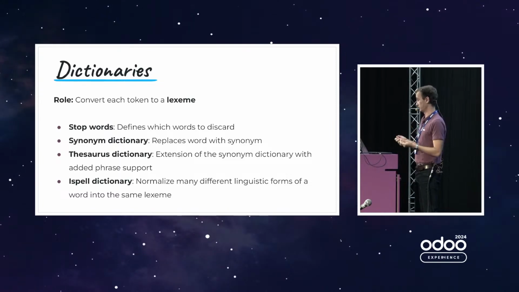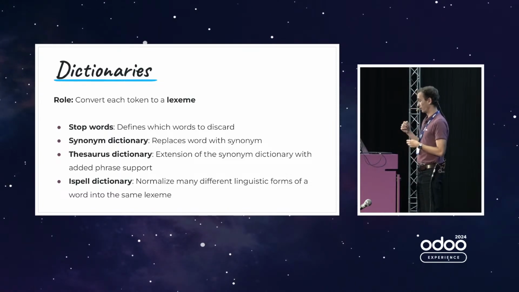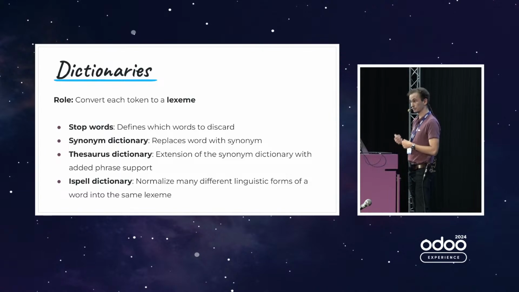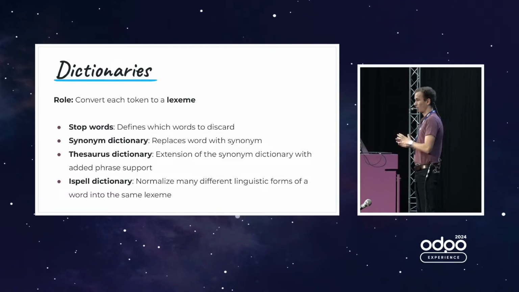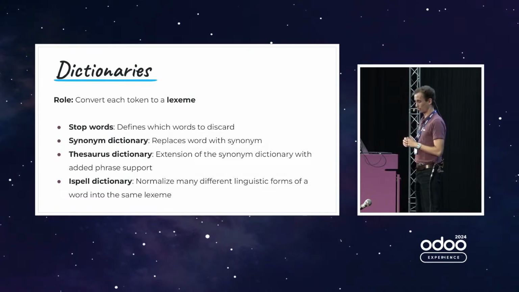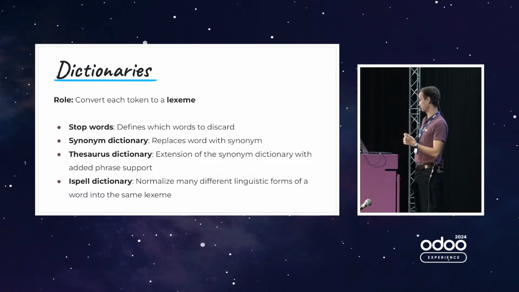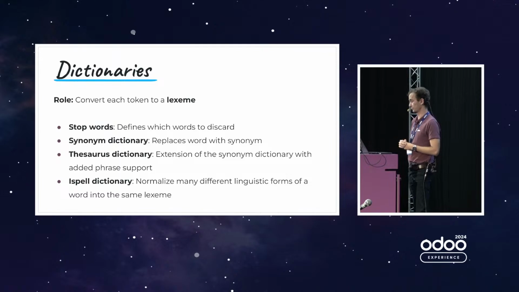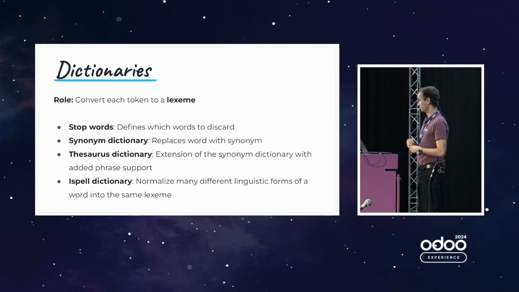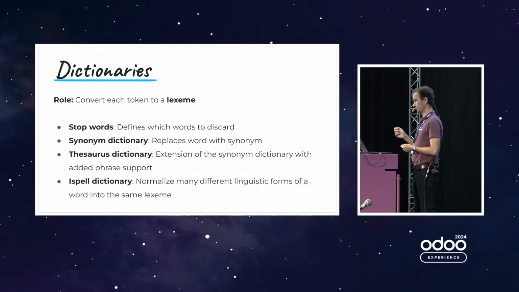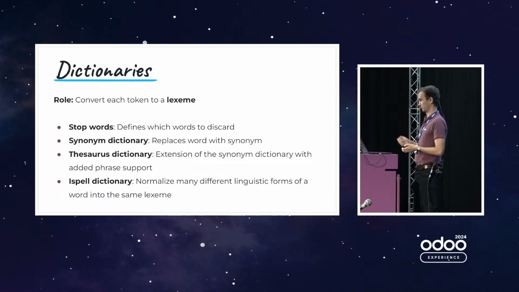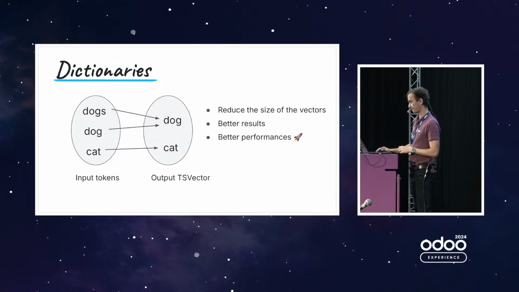And then we have dictionaries that allow you to discard some words that are not relevant. You can also replace a word by another, or a whole sentence, or even apply some linguistic rules. For example, in English, if you have apostrophe s for the possessive form, it will get rid of that part of the token.